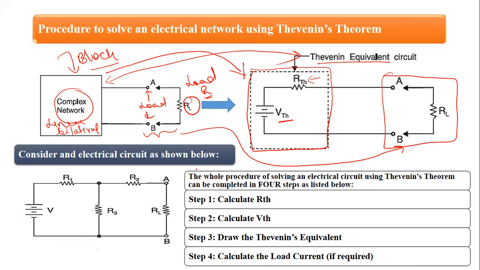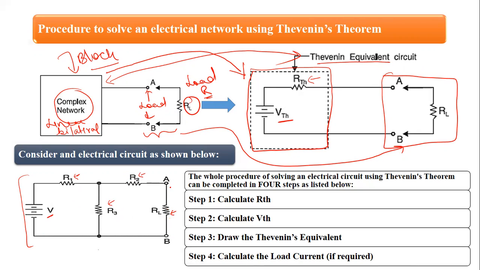Now, let us understand this theorem with the help of a dummy example. So let us consider an electric circuit as shown here, and this electric circuit has a voltage source V and a resistance R1, and then resistance R2 and R3, and then we have a load resistance RL here.